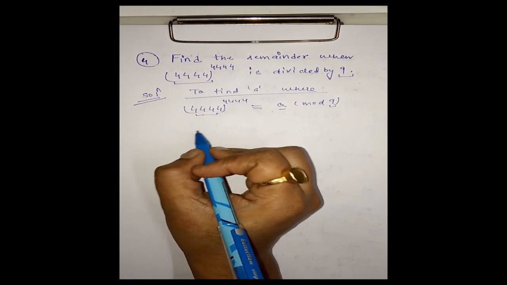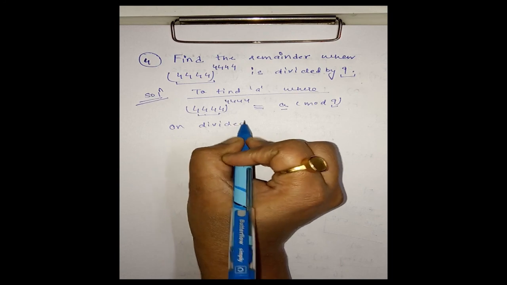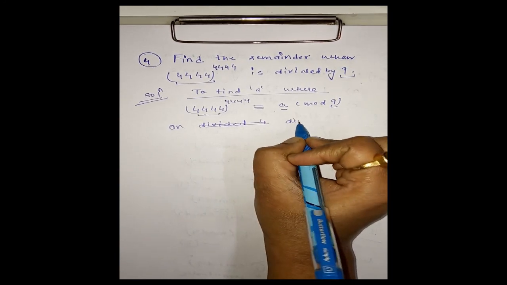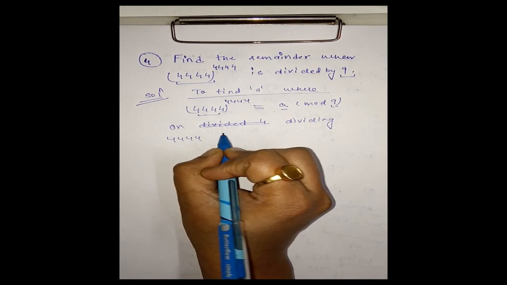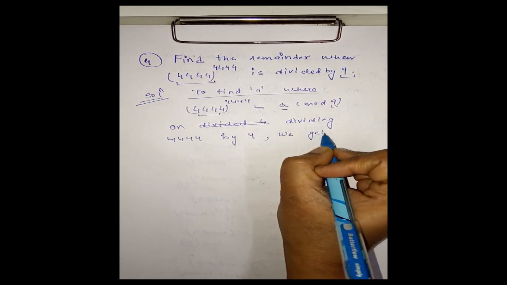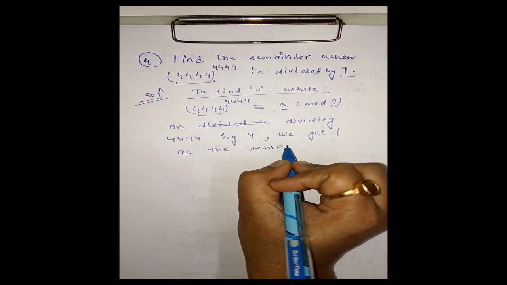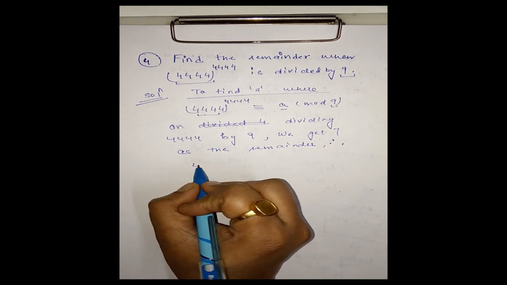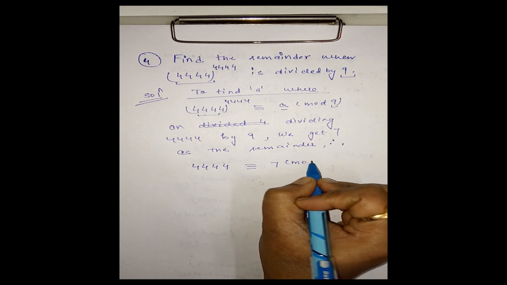Now on dividing this number by 9, we get 7 as the remainder. Therefore I can write 4 times 4 is congruent to 7 modulo 9.